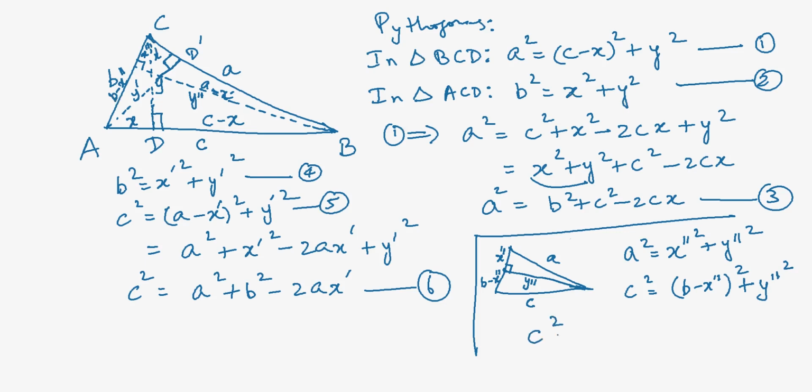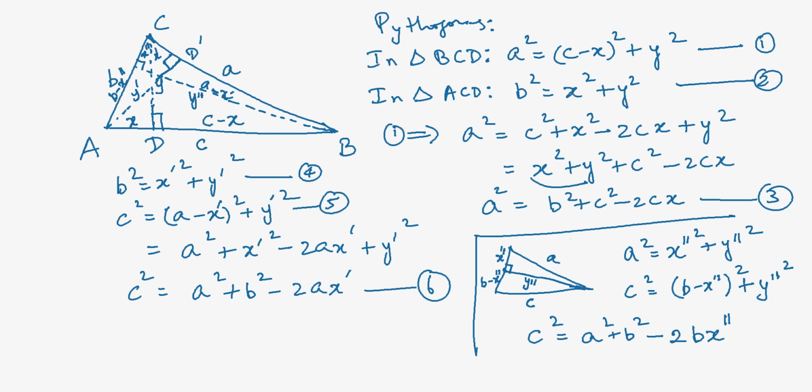So this would have given us c squared is nothing but a squared plus b square minus 2 b x double prime. Are you with me?